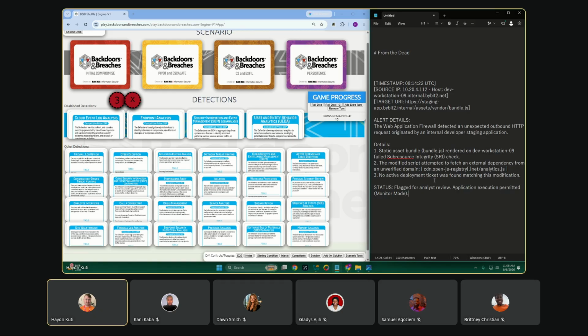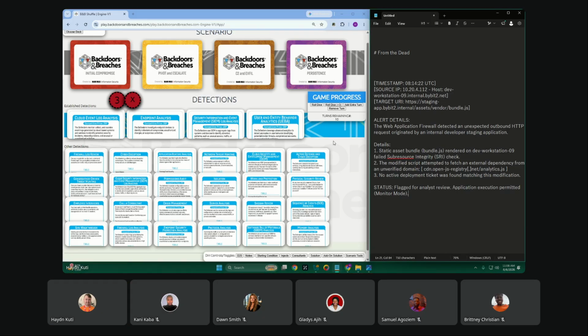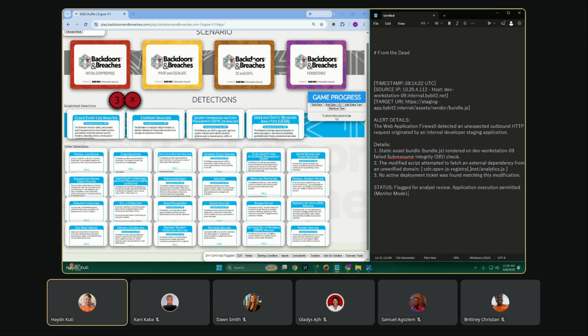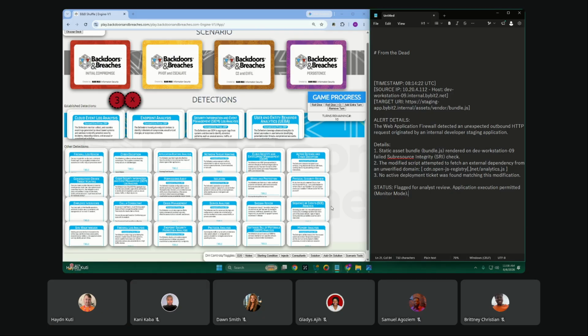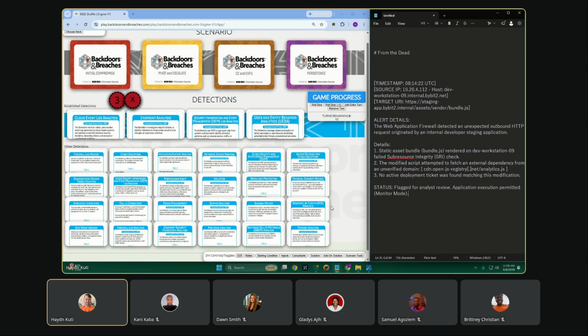just a little reminder of how to play for anybody who might not remember. You guys are trying to find these 4 cards: the initial compromise, pivot and escalate, C2 and exfil, and persistence. Your company has 4 established detection methods, which means that when we roll the dice for them, you'll get a little bonus to the dice roll.